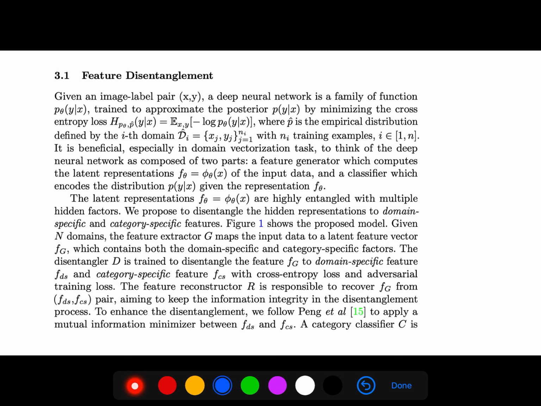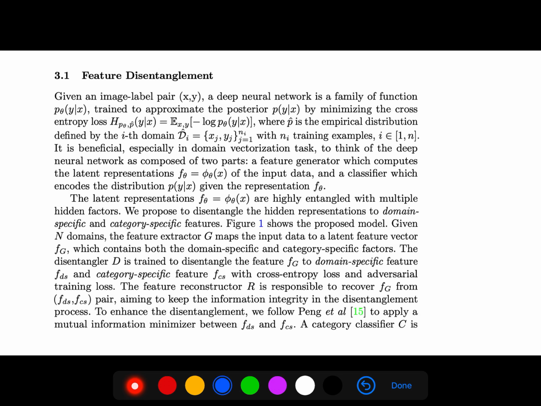Given an image labeled pair X and Y, a deep neural network is a family of function probability of Y given X, where Y is the label of your image X, trained to approximate the posterior by minimizing the cross-entropy loss, where P hat is the empirical distribution defined by the i-th domain, with n sub i training examples.